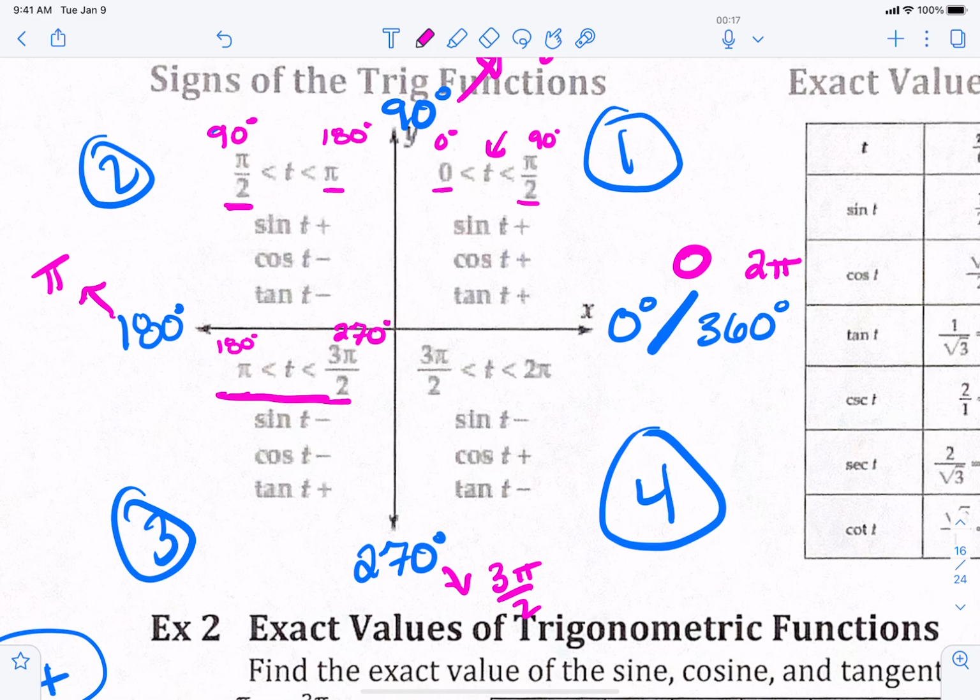So this is a fancy way of saying that my angle lives between 180 and 270, and this is a fancy way of saying that the angle lives between 270 degrees and 360 degrees, or technically 0. Does that make sense? So when they're referring to that, they're saying what quadrant your angle is in.